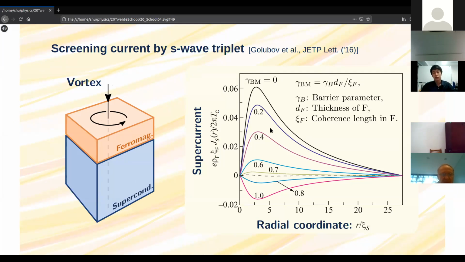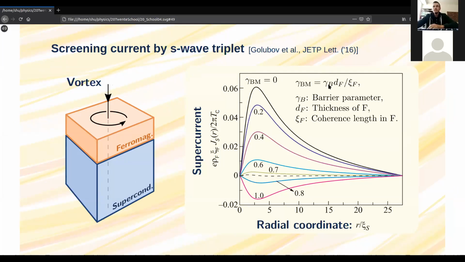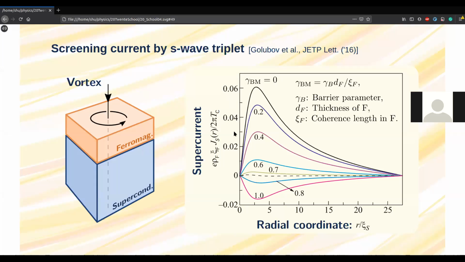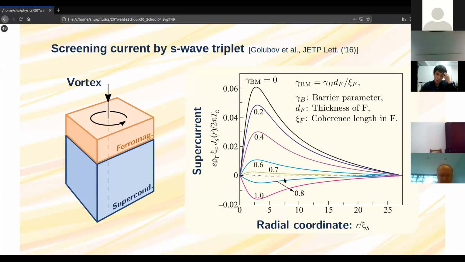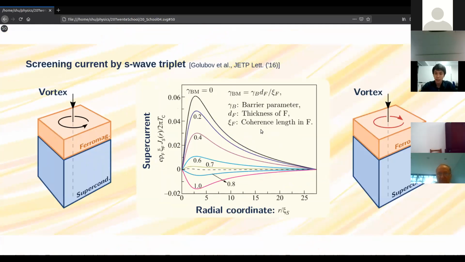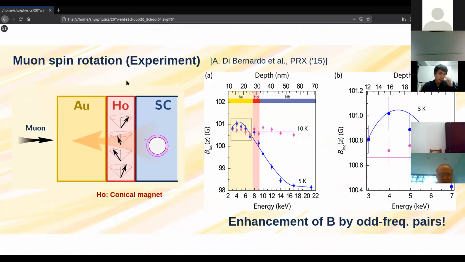But they found that depending on these parameters, the supercurrent can flip the direction, which means that this is no longer a screening current. This current can enhance the magnetic field of the vortex. And actually the paramagnetic effect by this spin-triplet S-wave component is experimentally observed.